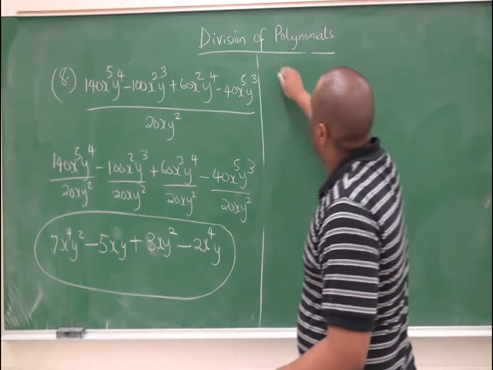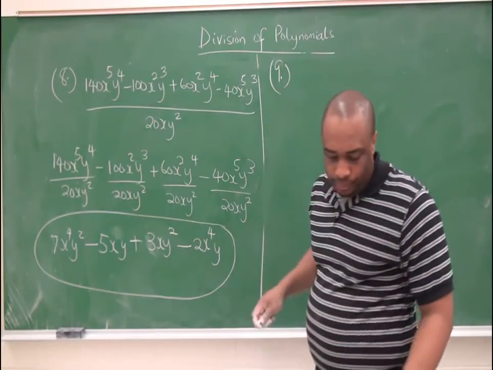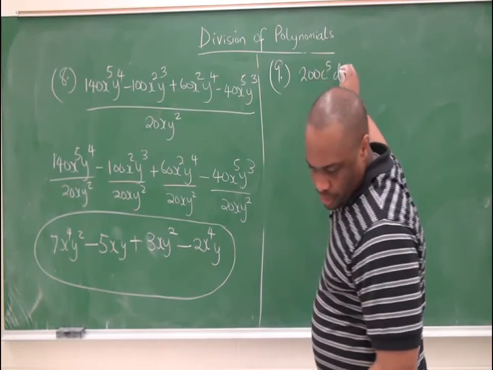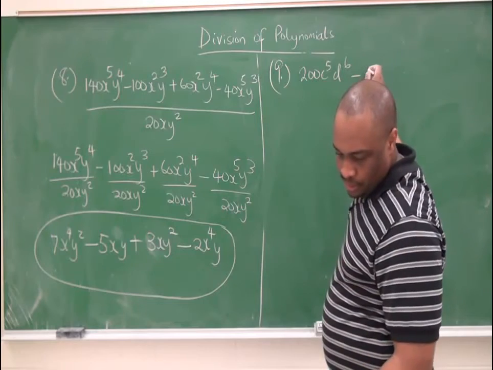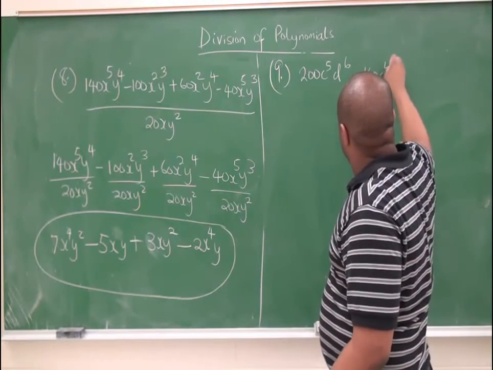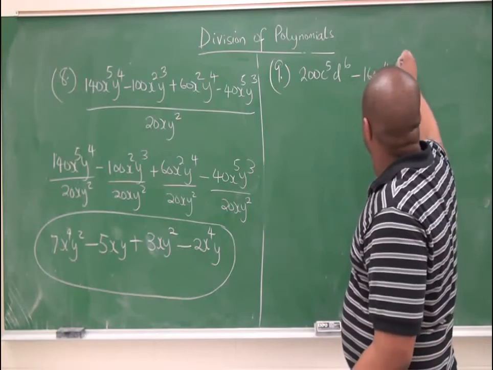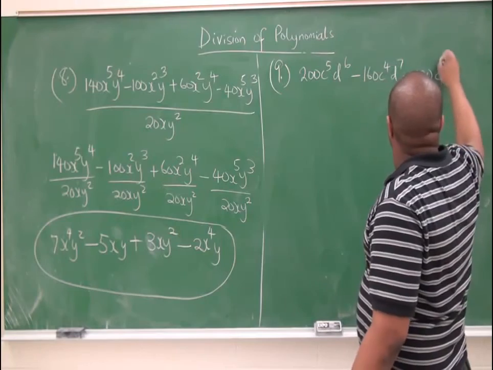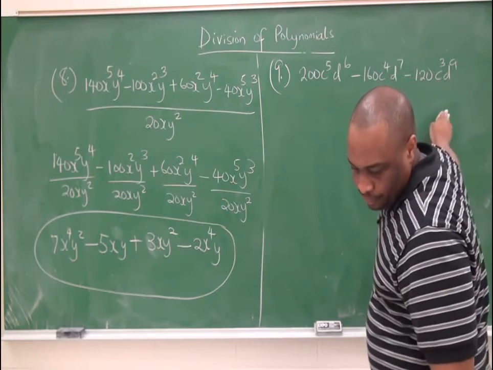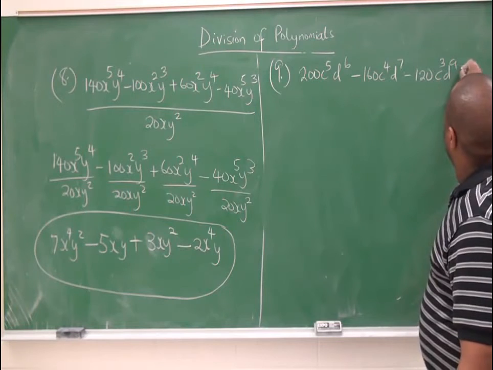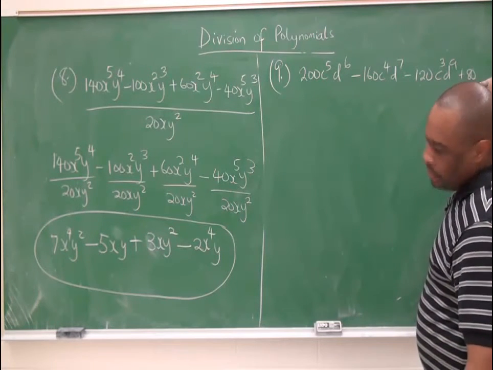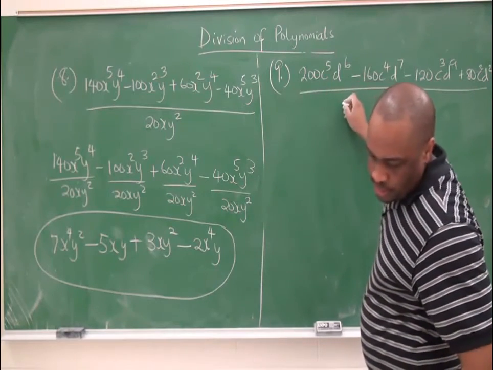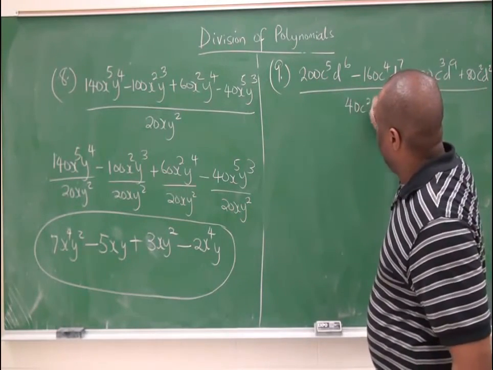I'll do the last one, and that will be number 9. 200c^5d^6 minus 160c^4d^7 minus 120c^3d^9 plus 80c^2d^2, all over 40c^2d.